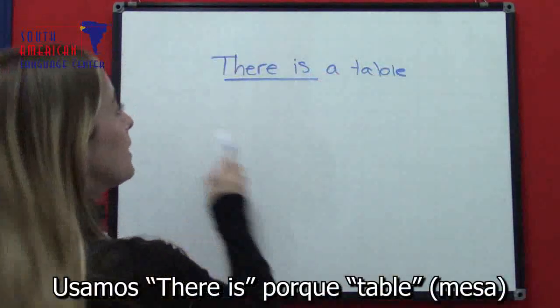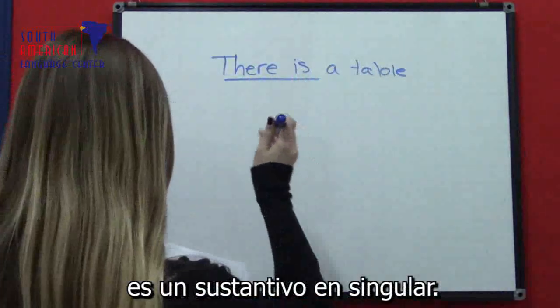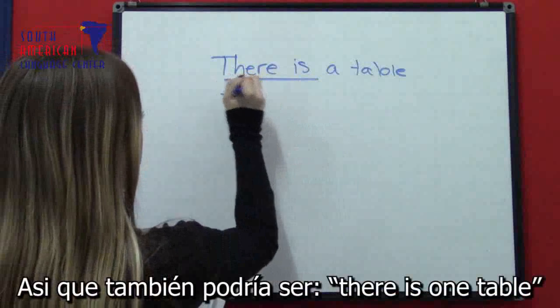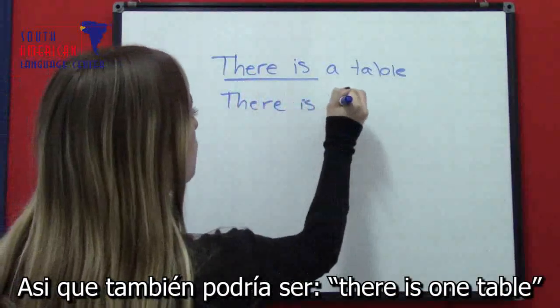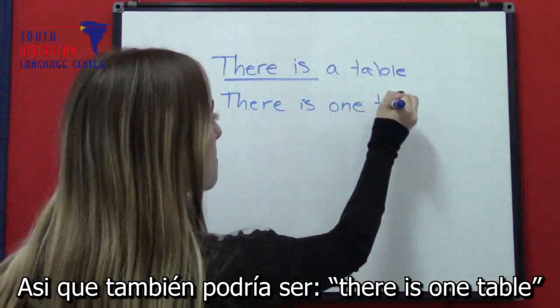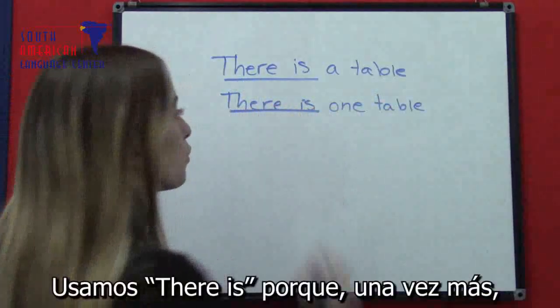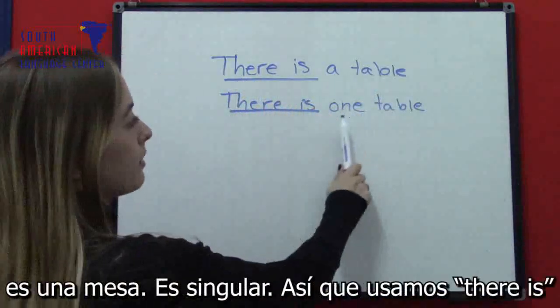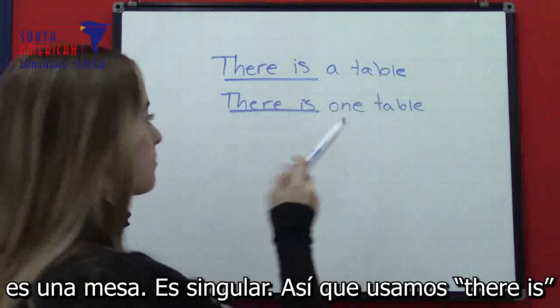We use there is because table is a singular noun. So this also could be there is one table. We use there is because once again it's one table, it's singular.